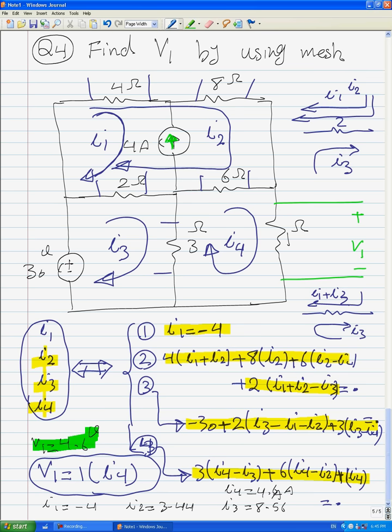Okay. Next question. The next question describes a simple circuit which we want to solve by any method. Question 5.